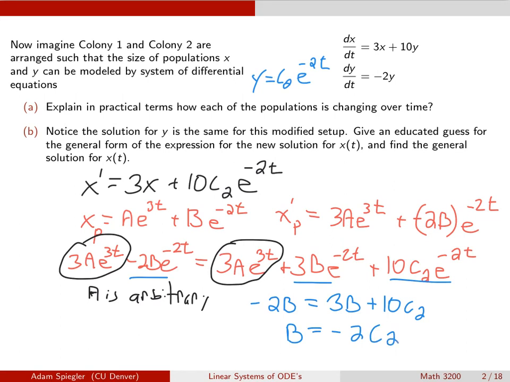So that gives me altogether, plugging these values back into my original guess, we found that a was arbitrary, and now we found that b was minus 2c2.